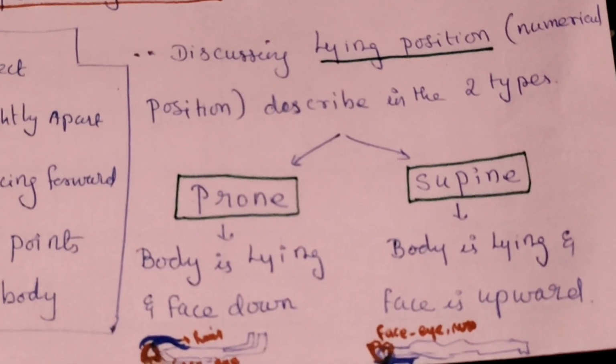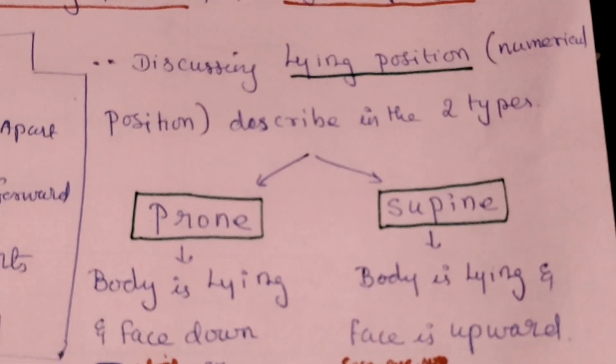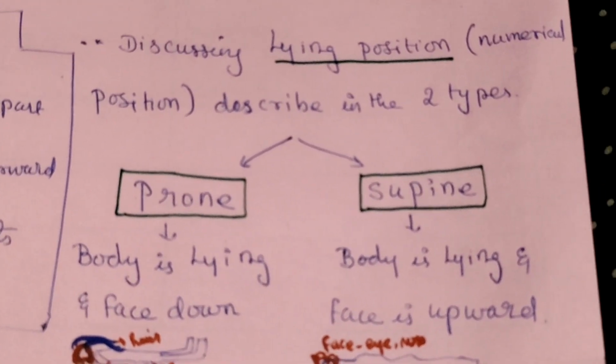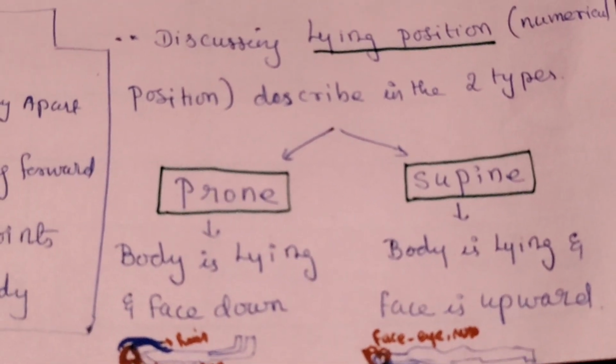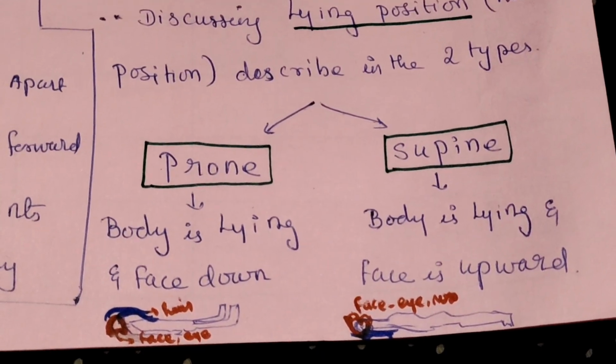Next we discuss the lying position. It also has another name. This is described in two types: prone and supine.